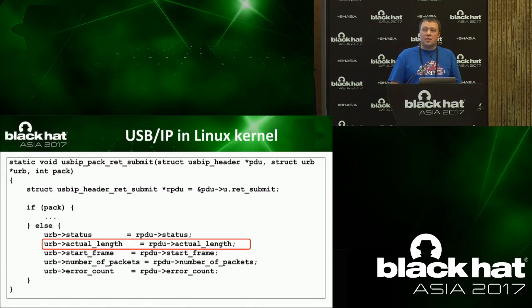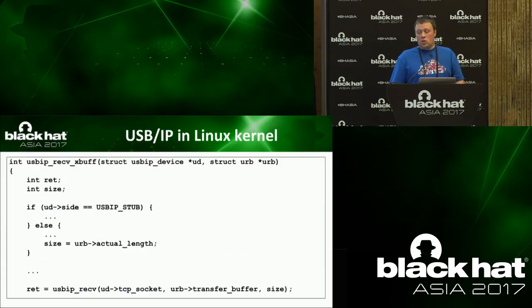The URB data structure is an in-kernel representation of a USB request block. This data structure is used by the kernel to pass data between different USB subsystems, device drivers, and the devices themselves.